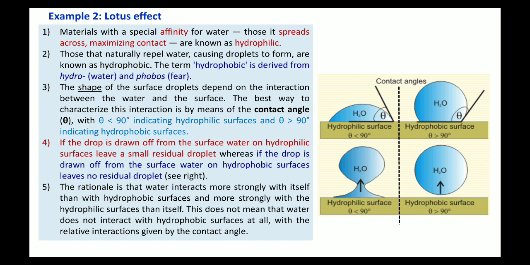In the image just below the hydrophilic surface, if you want to remove the water, you can see not all the water is removed. Some part of the water has stuck to the hydrophilic surface, whereas if the drop is drawn off a hydrophobic surface, it leaves no residual droplet.